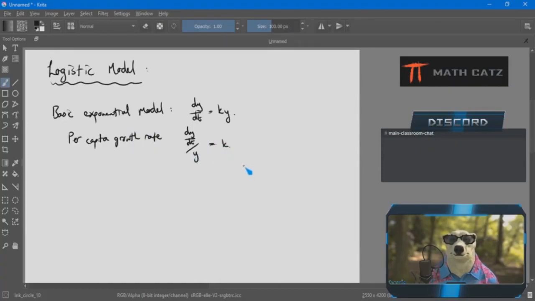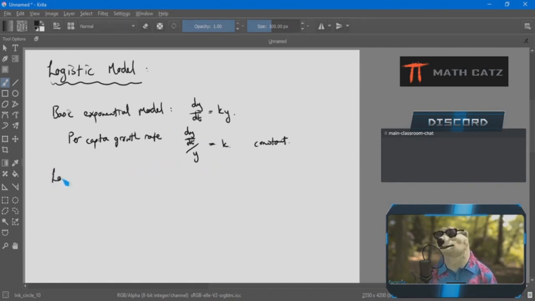For the exponential model that is constant, which isn't really super realistic because it says that even if you have a ton of people, the growth rate is the same, yet with that many people, space becomes an issue and it actually throttles the growth rate back.